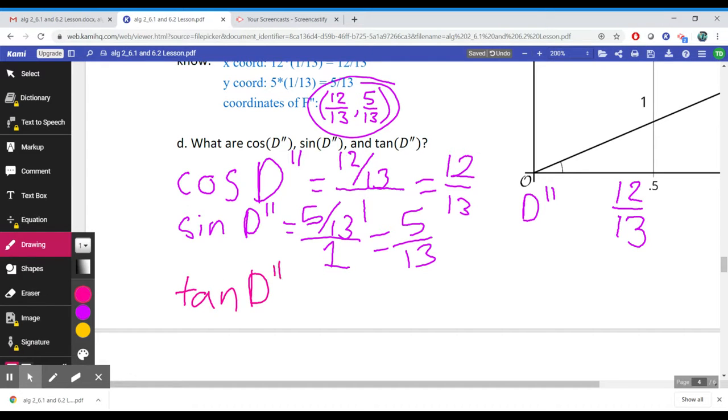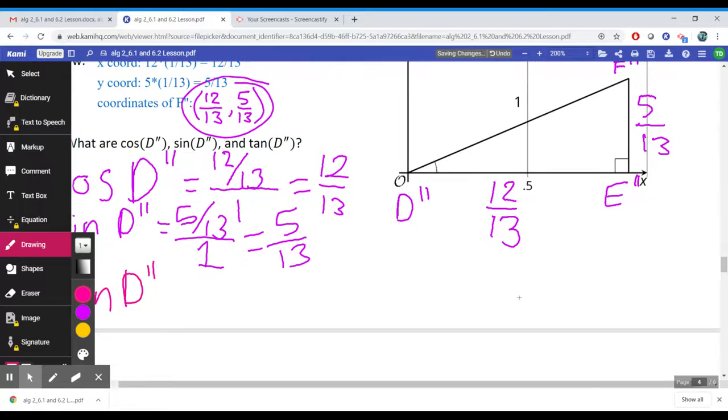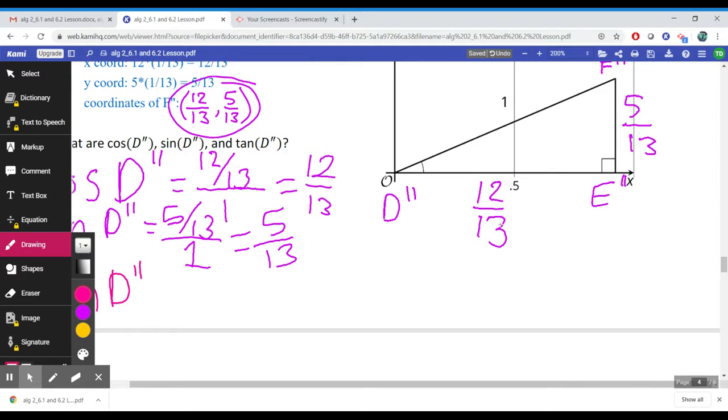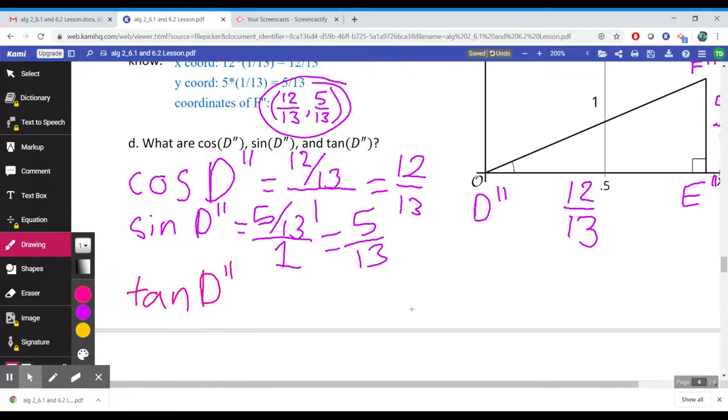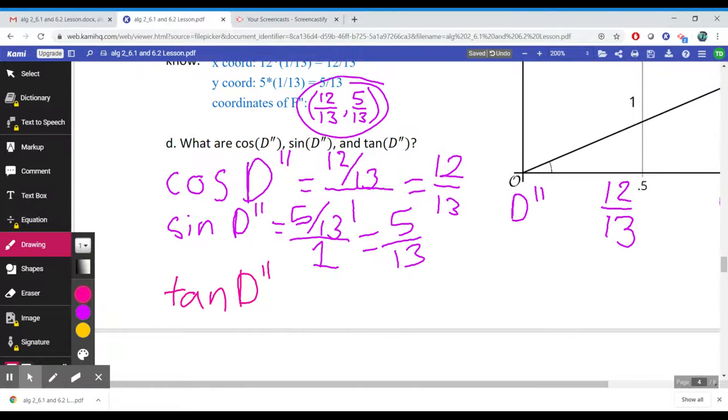Tangent of d double primed. Now we have to look at the opposite side divided by the adjacent. So we'll have 5/13ths divided by 12/13ths.